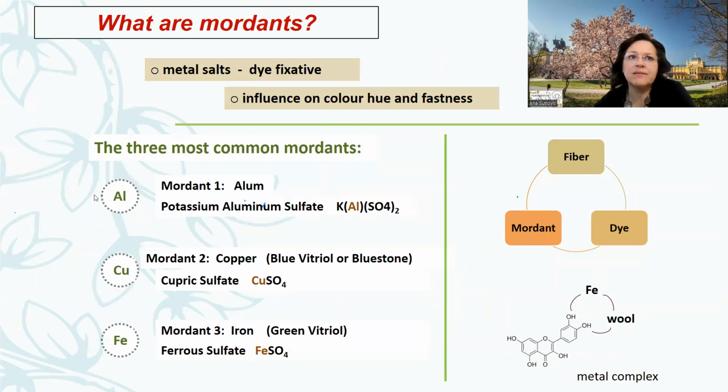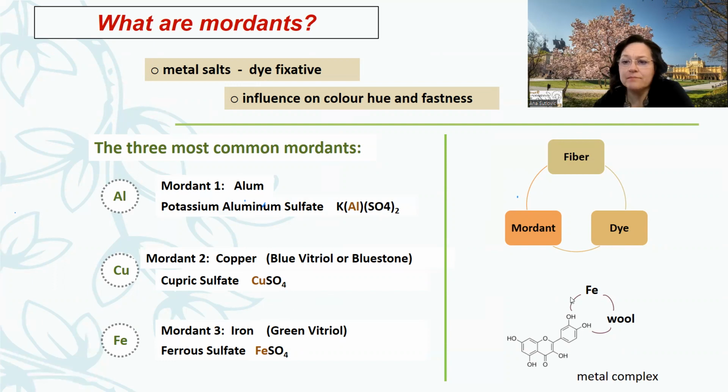I can say that maybe the most important stage in the application of natural dyes is mordanting. Textiles are treated with metal salts for better fixing of dyes, achieving color fastness, and for obtaining a wider palette of color hue. Nowadays, the most common metal ions are aluminium, copper, and iron.